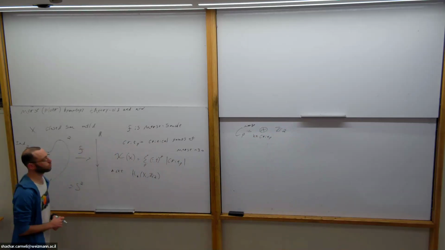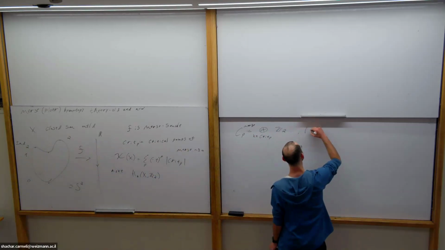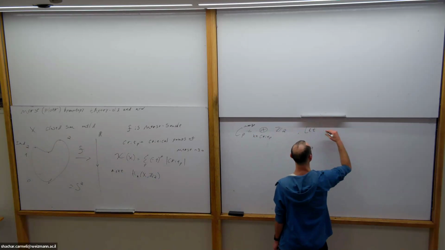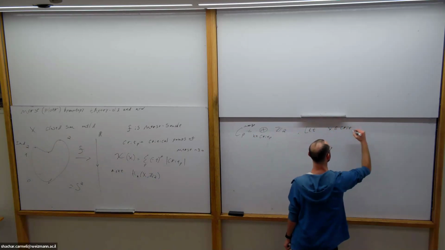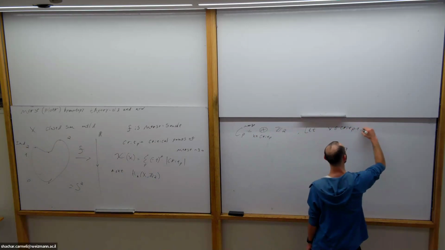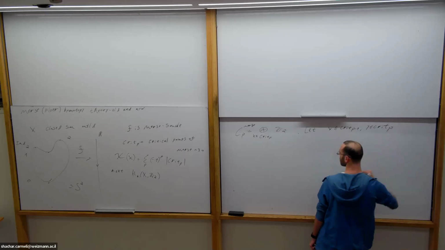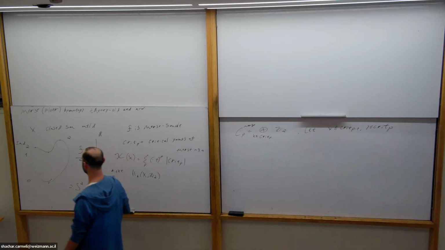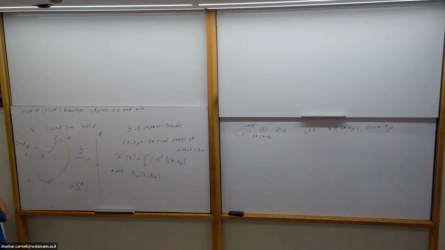So let's take two critical points: X, a critical point of index P minus 1, and Y, a critical point of index P. For example, let's take this point to be Y, and this point to be X. And we try to count downward gradient flow lines.